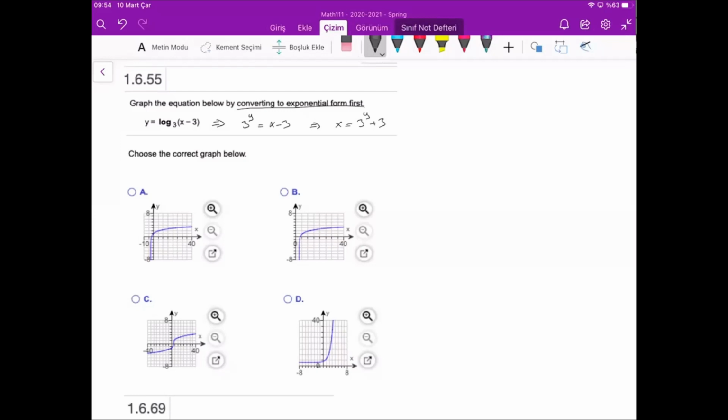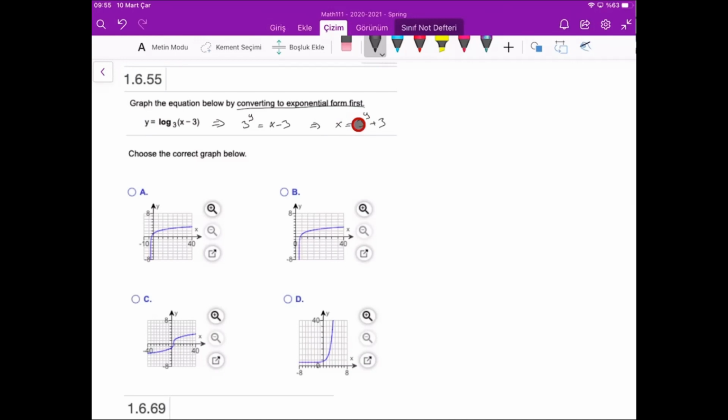Okay. But this is not our function. We should interchange x and y, because here x is a function of y. If we sketch this graph, this is directly the graph of this function, but it is not our familiar form. So we will sketch the graph of the inverse function.